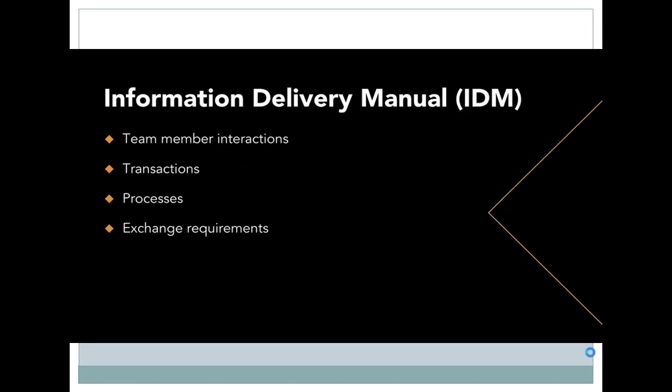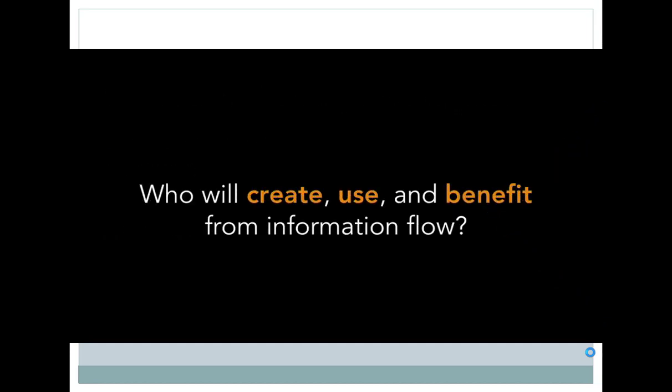An IDM maps out the interaction between team members, their transactions, processes, and exchange requirements. It will show who is expected to create, use, and benefit from the information flow.